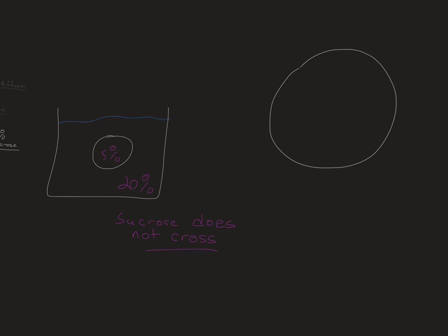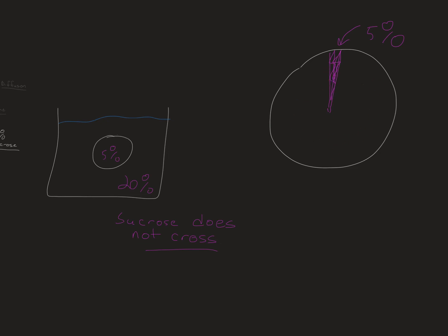What's 5% of that 100%? What would 5% be? Like some kind of sliver, right? Agreed? So this is your 5%. Well, wait a minute. If that's 5%, if this pie represents your sucrose, what's the rest of this?